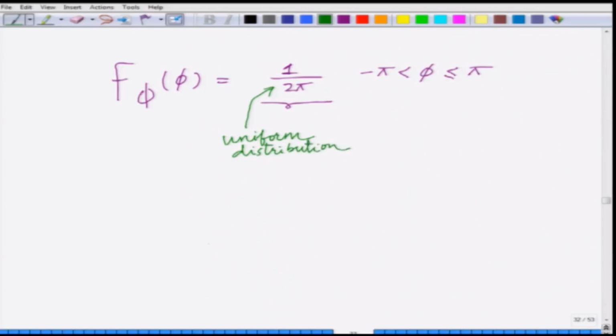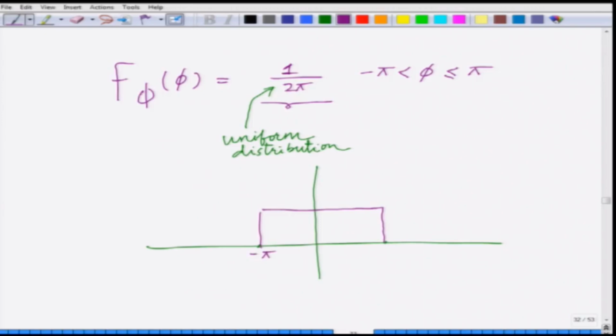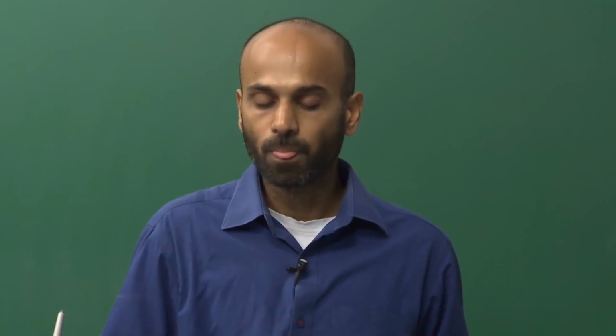If you have the limits minus pi to pi, this has the height 1 over 2 pi, and this, as we said, is the uniform probability. So, the phase is distributed uniformly between the limits minus pi to pi.